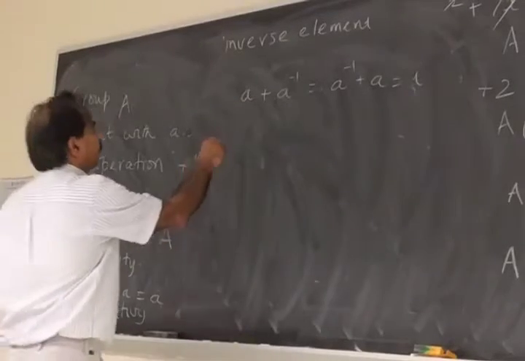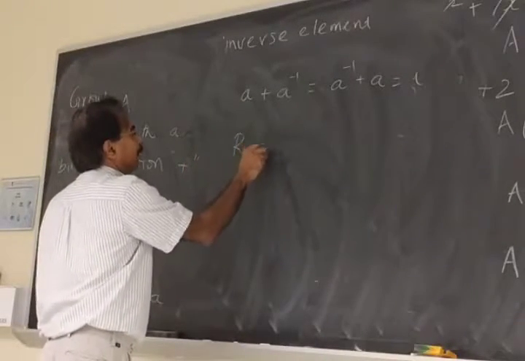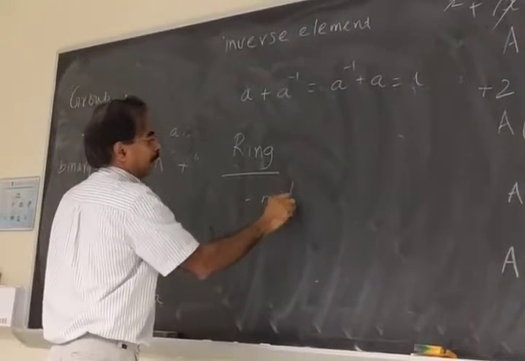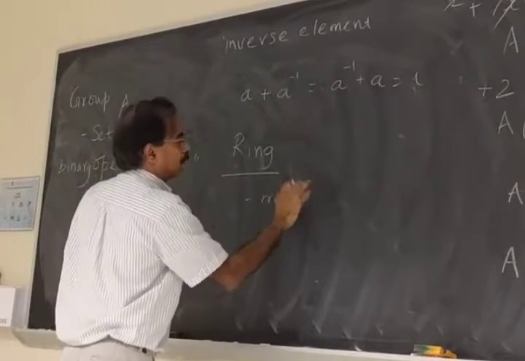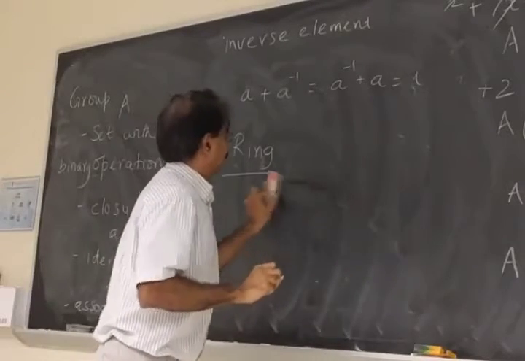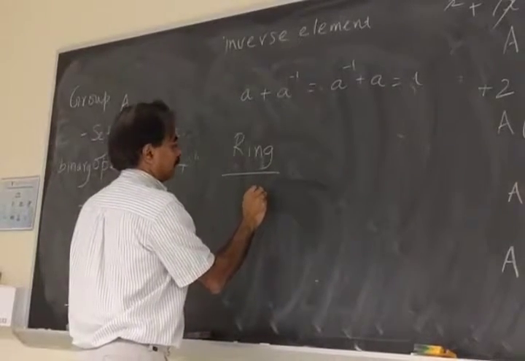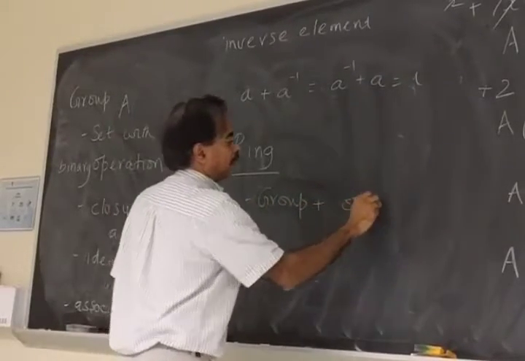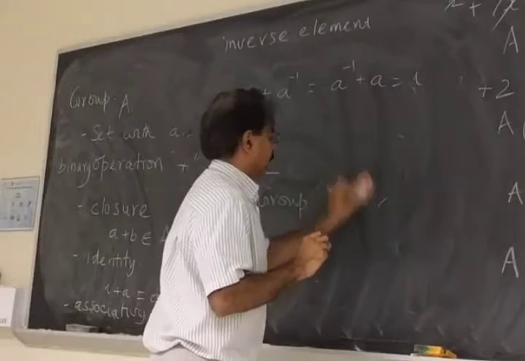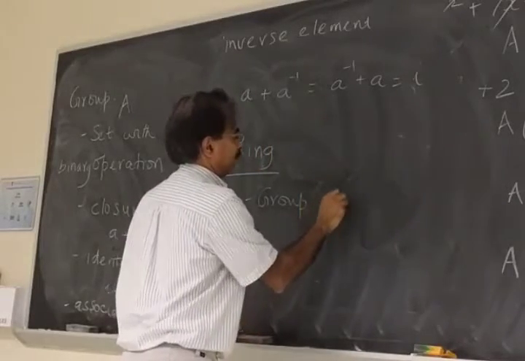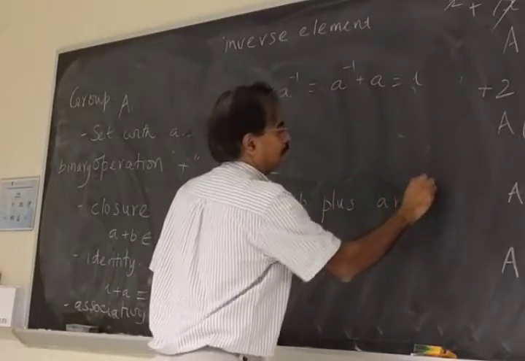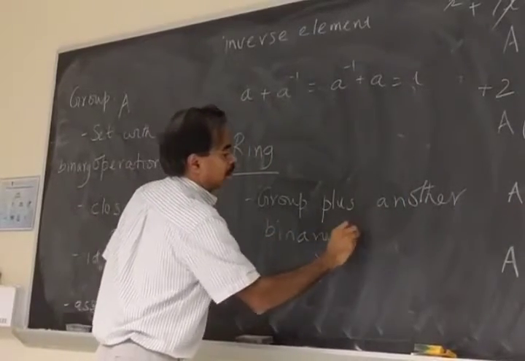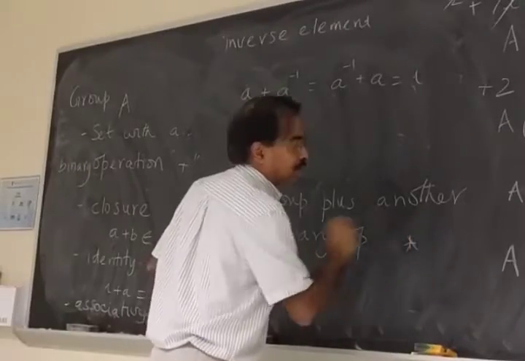Then we define something called a ring, where in addition you have a multiplication. This is a group plus another binary operation that we will call a star.